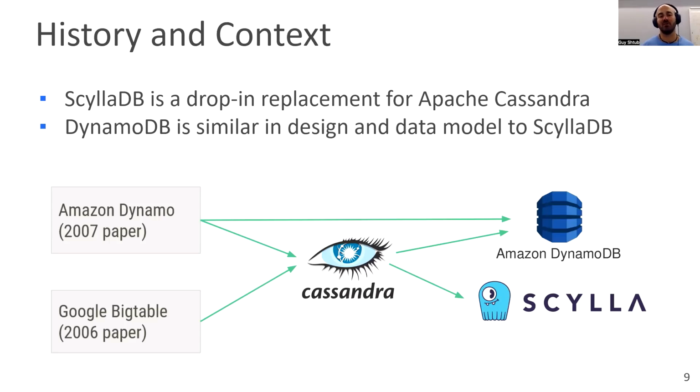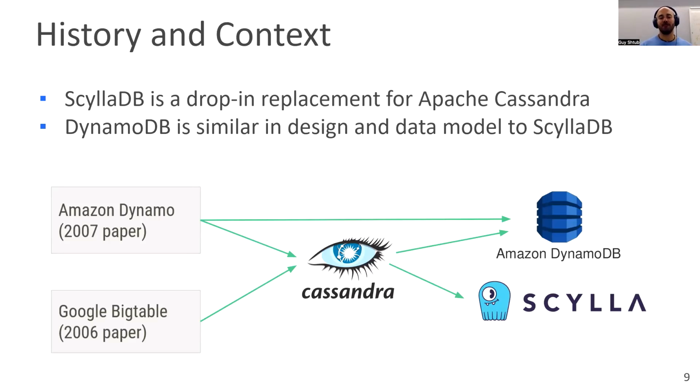Now, Scylla is a drop-in replacement. It's compatible with both Apache Cassandra and DynamoDB. And it's very similar in terms of the architecture to those two databases, mostly to Cassandra, but also to DynamoDB. So I would say that all of the topics that I'm going to be talking about today in terms of architecture, data replication, and so on are relevant for ScyllaDB, but also for Cassandra, and in large parts also for DynamoDB.